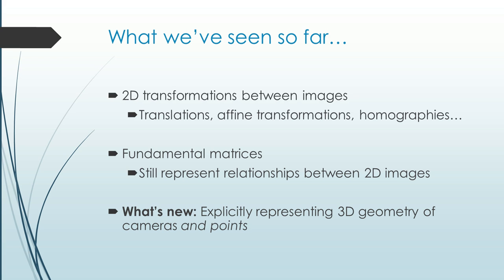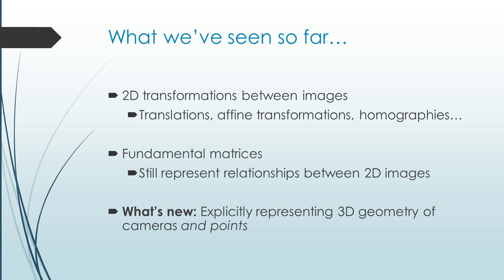Up to now we have seen different concepts. For example, we have seen 2D transformations between different images. In the last lectures, we already talked about translation, affine transformations and homographies, right?